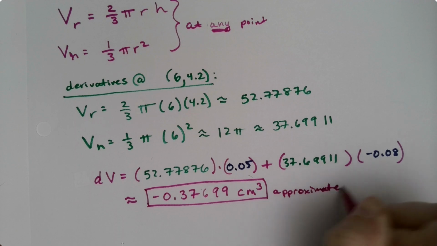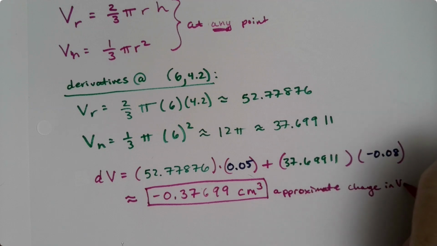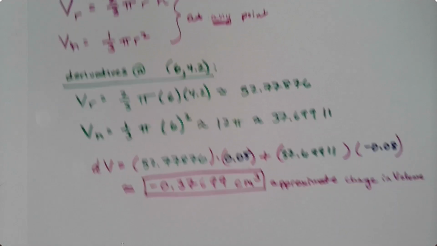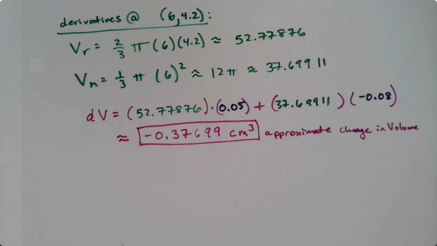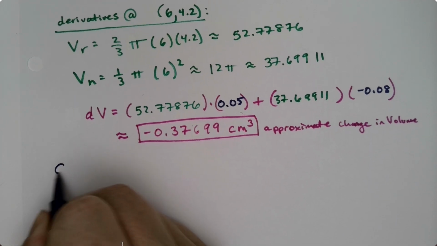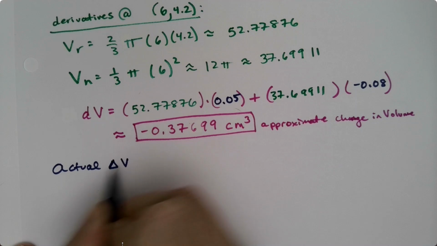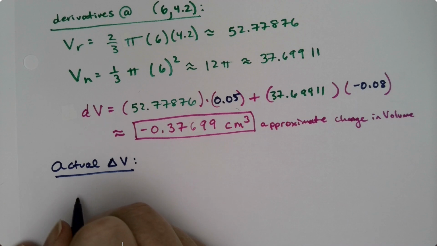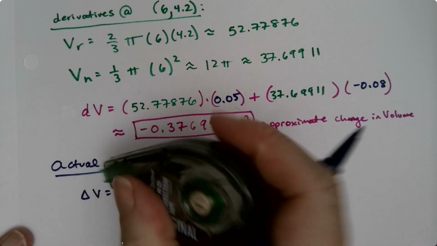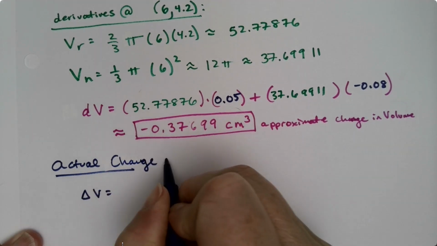Now, they wanted us to compare to the actual change. Okay, so we can do that. The actual change, delta V, change in volume, would be equal to, actually, let me write it out.